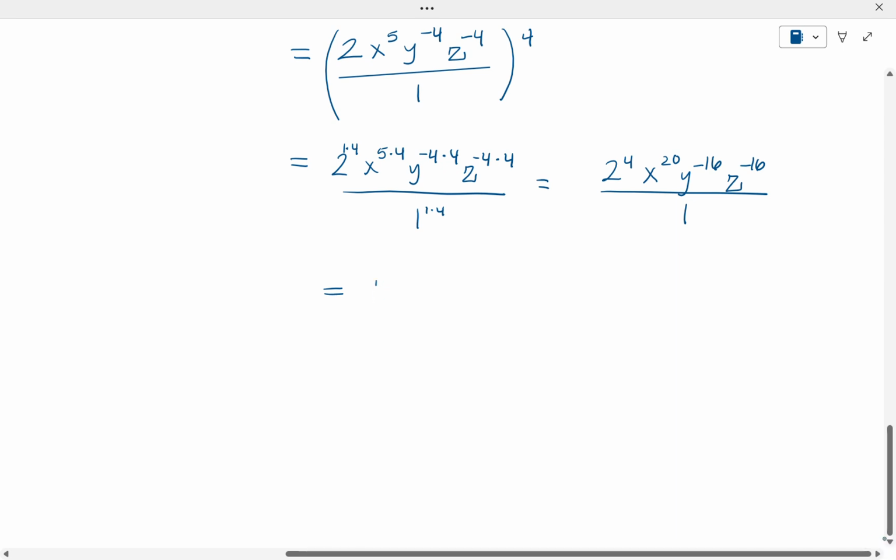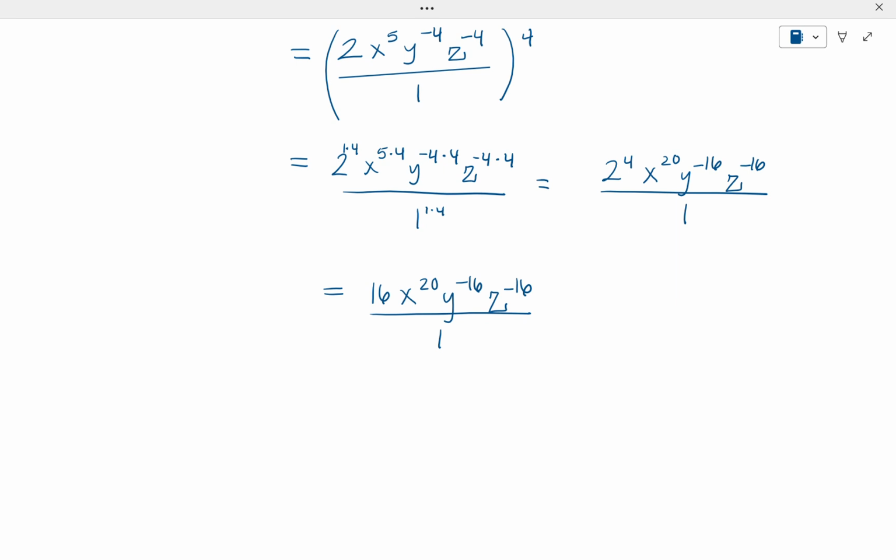So then we have 16 x to the 20th, y to the negative 16th, z to the negative 16th over 1. And so in order to make these exponents positive, what we have to do is carry them into the denominator. So the z term goes into the denominator, and also the y term goes into the denominator.